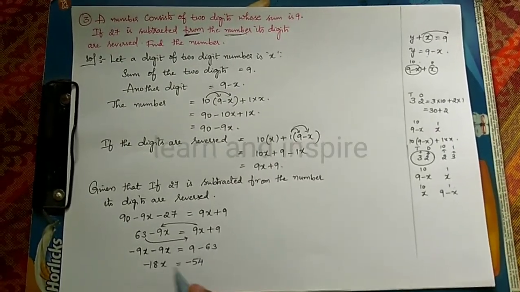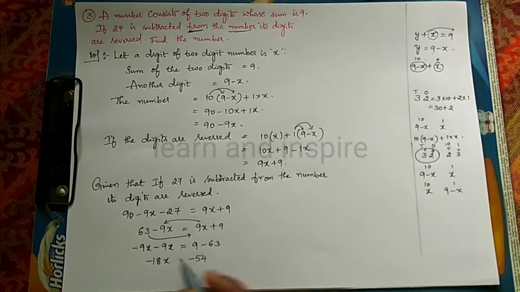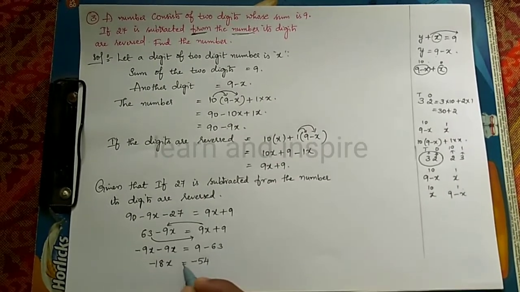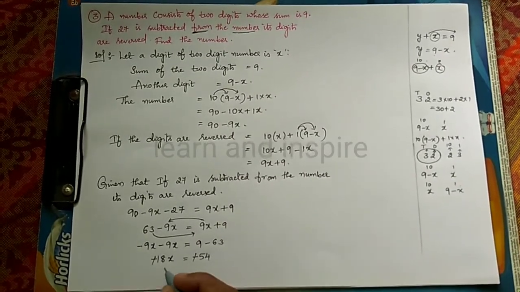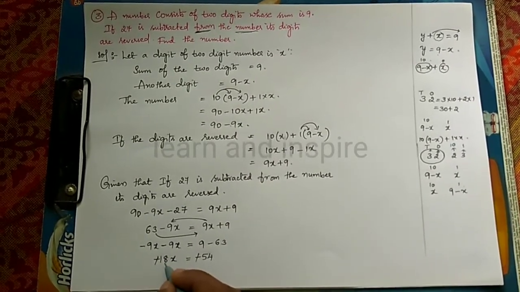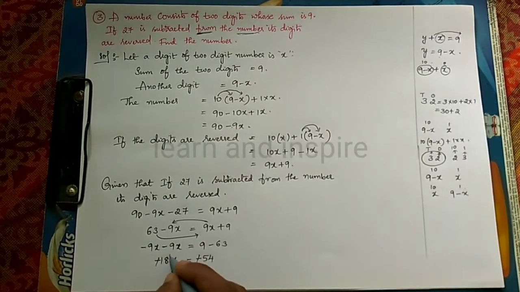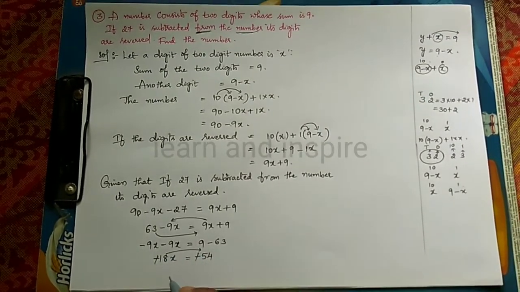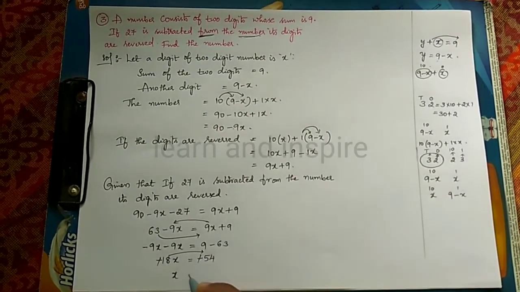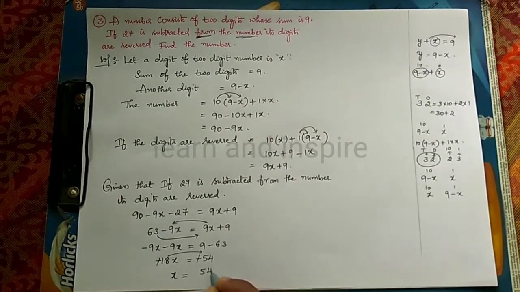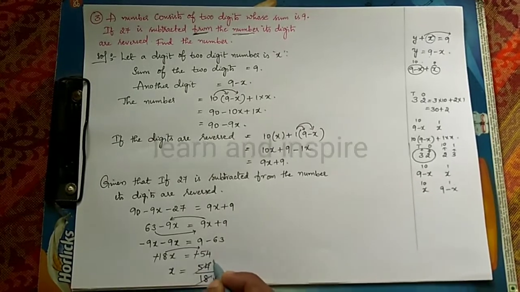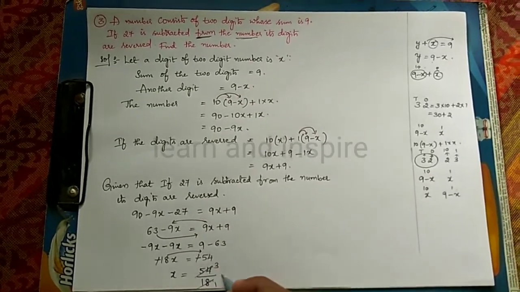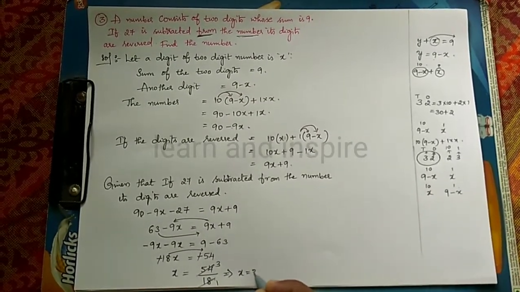Now you can see on LHS and RHS we have a negative sign, and between those two negative signs we have an equal sign, so we can cancel the negative symbols. Now 18 is in multiplication, so if I transpose this to RHS, it becomes a division, that is x is equal to 54 by 18. 18 ones are 18, 18 threes are 54, that means x is equal to 3.